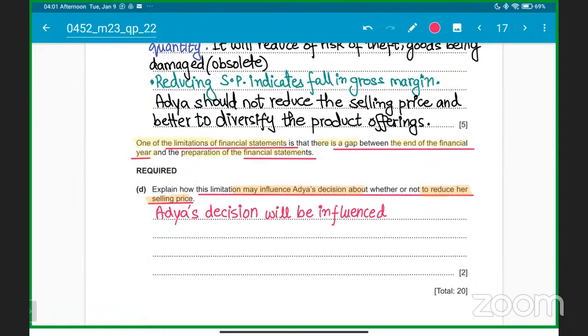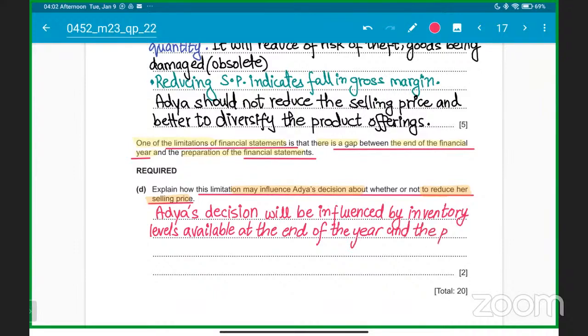Adia's decision will be influenced by the inventory levels available at the end of the year. Her decisions will be influenced by inventory levels available at the end of the year and the transition period, held at the end of the year and the present date.